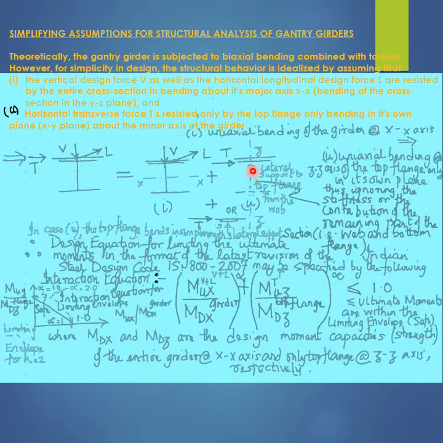It is assumed that the top flange is supported in the orthogonal direction, that is the direction perpendicular to the plane of the bending of the top flange, and is thus considered to be laterally supported against uniaxial bending in its own plane by the web of the girder due to the large stiffness of the web in the vertical direction.